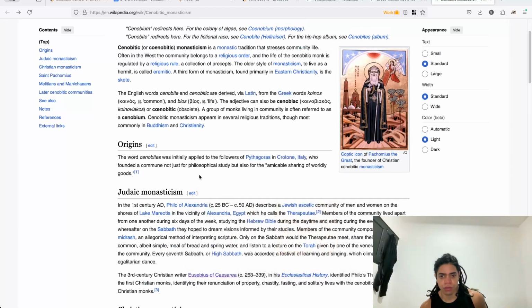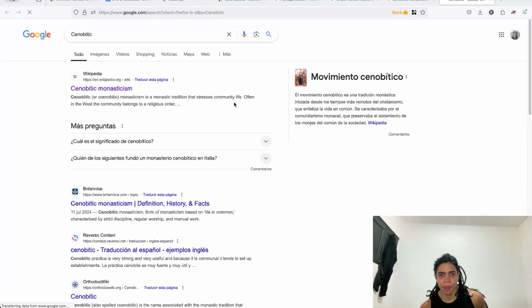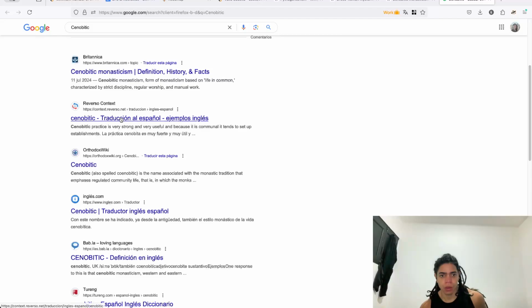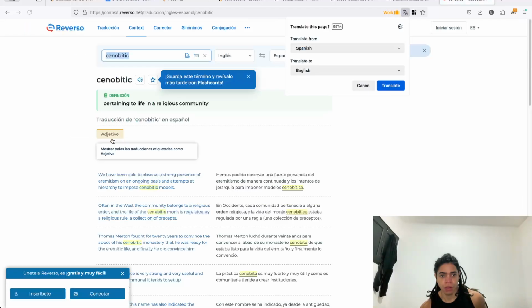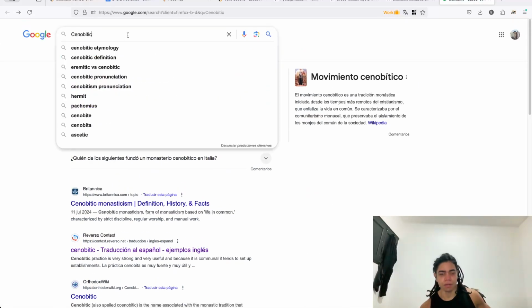So all of this comes from Cenobitic. Oh my God. Pertaining to a life in a religious community. Cenobitic. In Spanish?